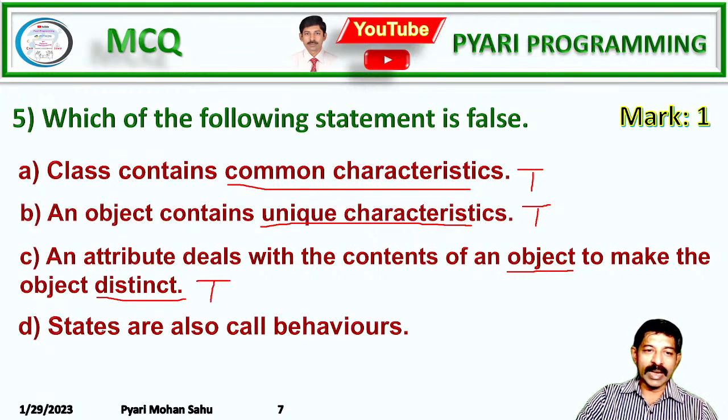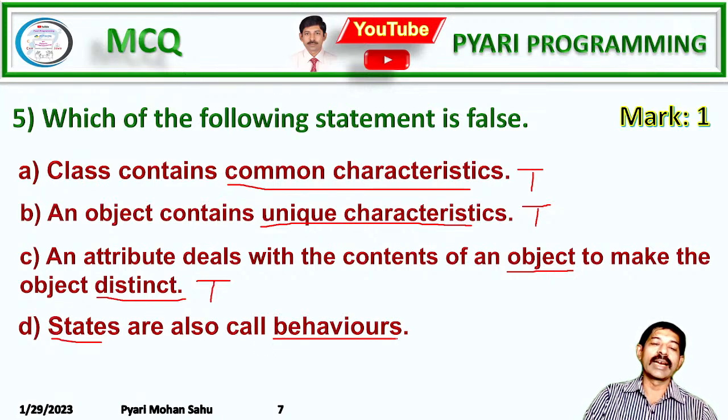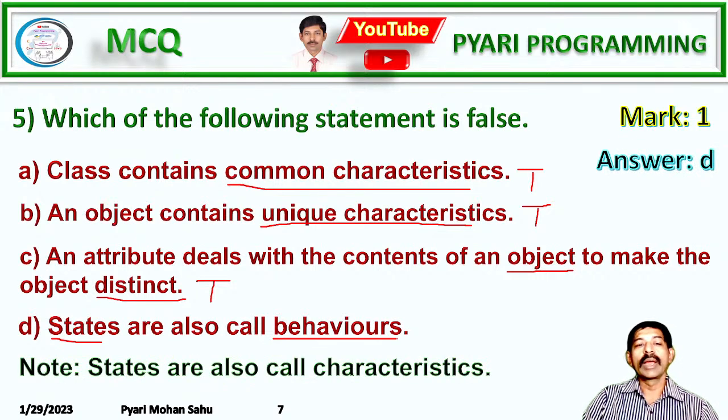But if I say a state, states are also called behavior, no, it is wrong. The states are called characteristics. That's why so many times I told you a class contains common characteristics, which is nothing but your instance variable or state. And the methods are called your behavior. So states are called characteristics. That's why this is false.